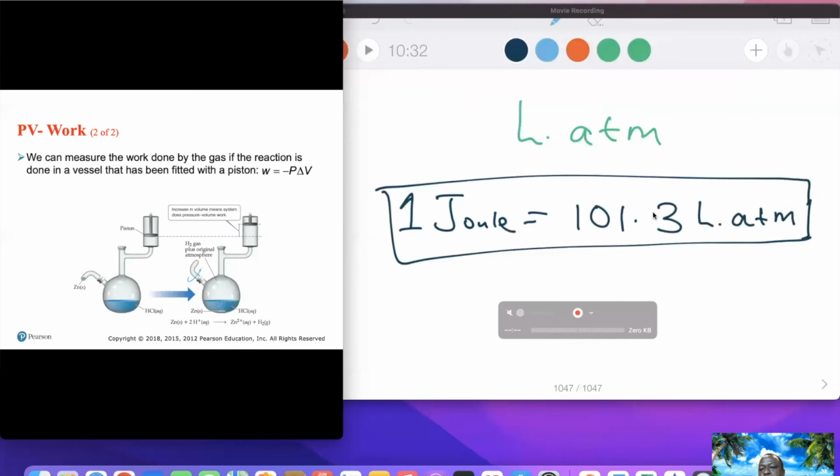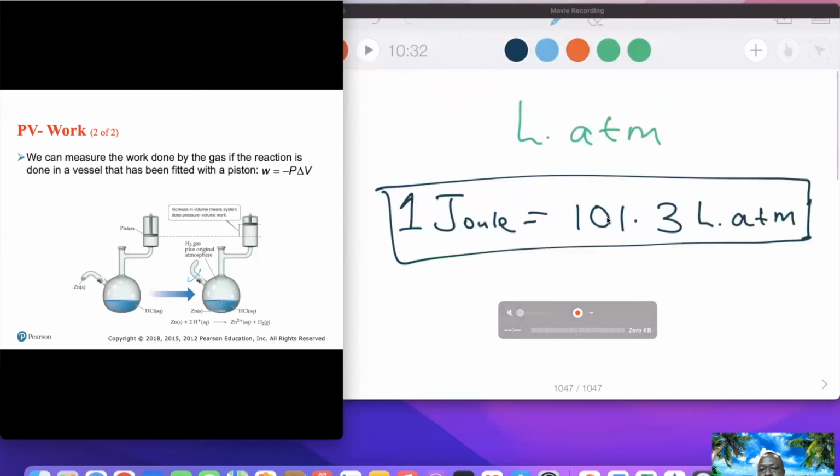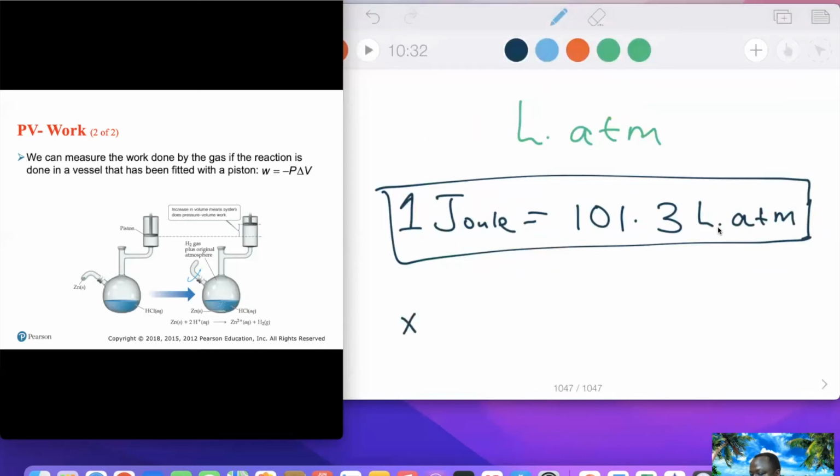Once you get your value in liters times atmosphere from this equation, let's say you have x liters times atmosphere as your answer from the assignment. Use the conversion factor given here, that 1 liter times atmosphere equals 101.3 joules.